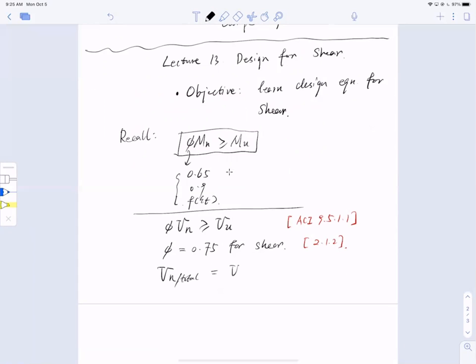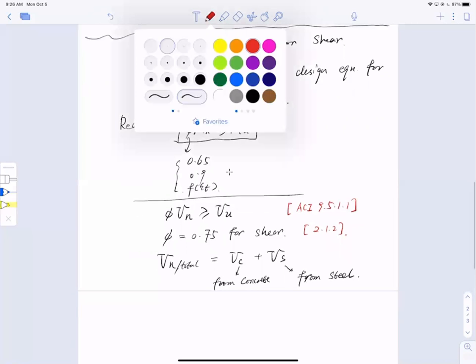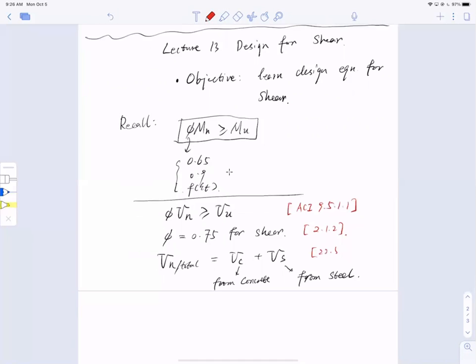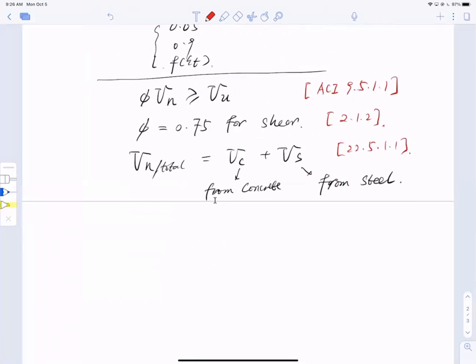One is from concrete, Vc, and the other from the steel, Vs. You can find this equation at ACI 22.5.1.1. So things become a little bit easier. How do I design for shear then?